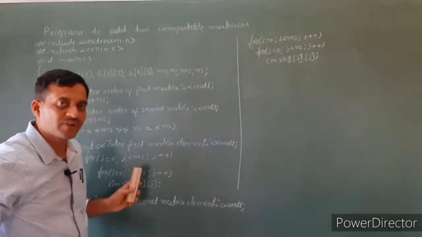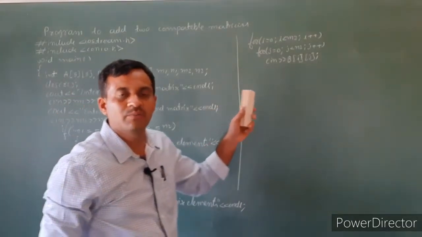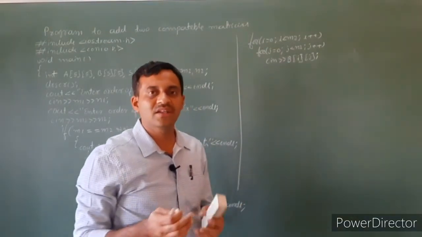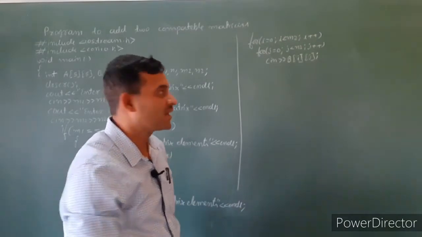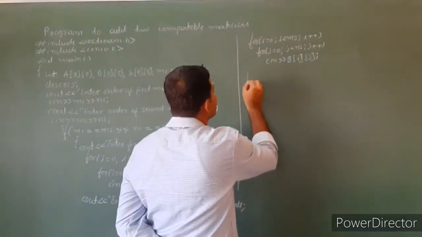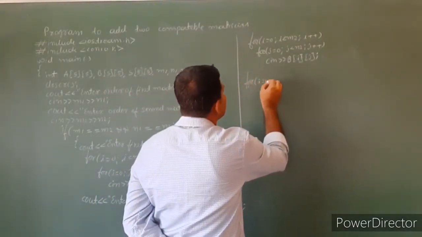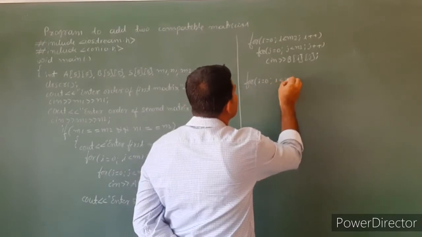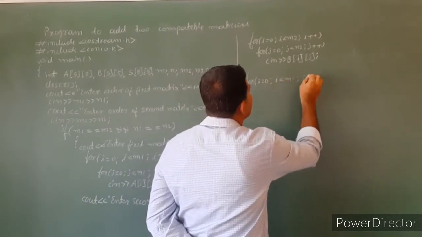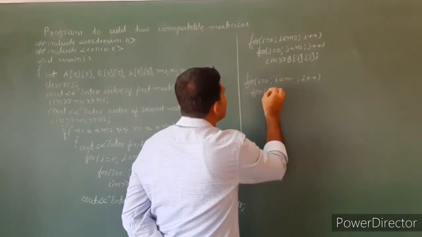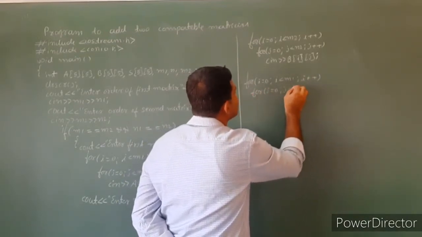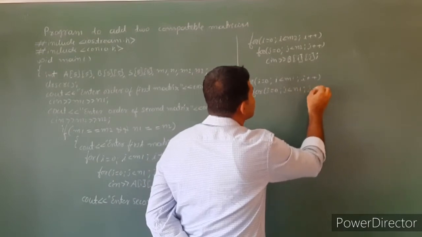After reading the elements for A matrix and B matrix, we have to add the corresponding elements. Again, to access the corresponding elements, we need for loop. For i equals 0, i less than M1, i plus plus. For j equals 0, j less than N1, j plus plus.